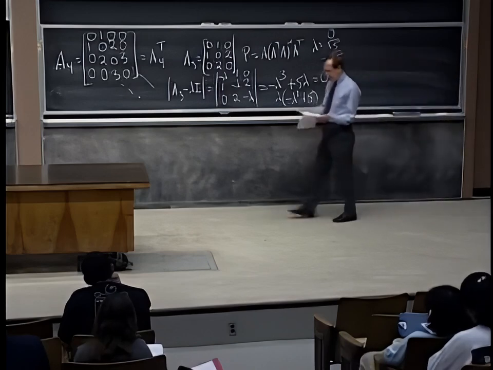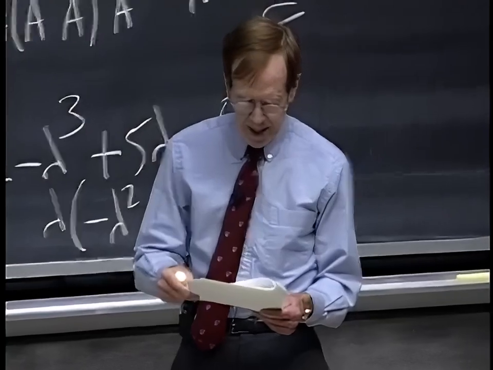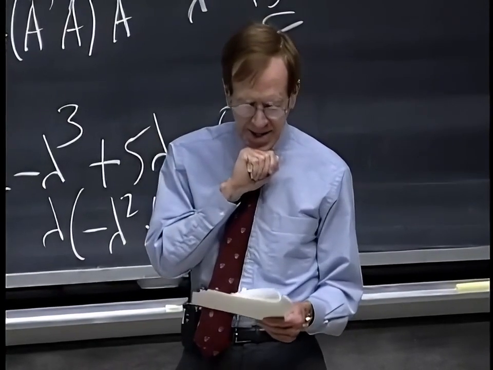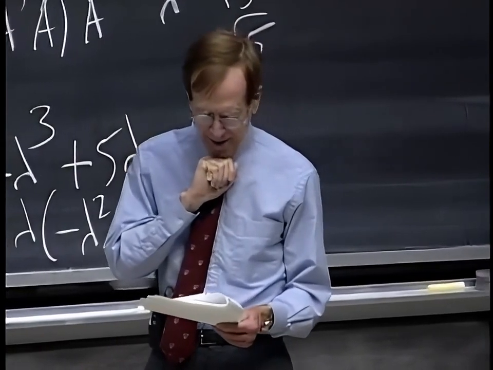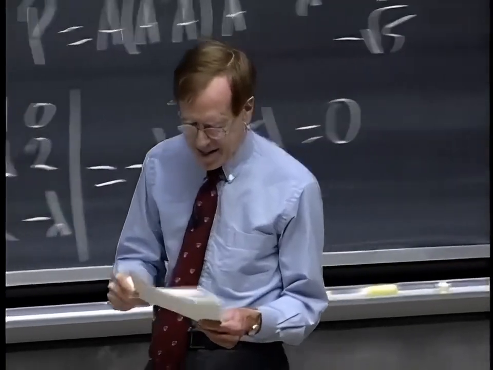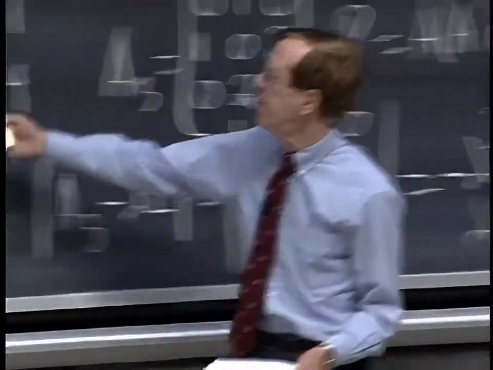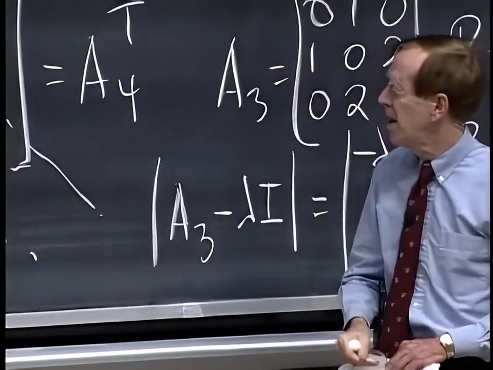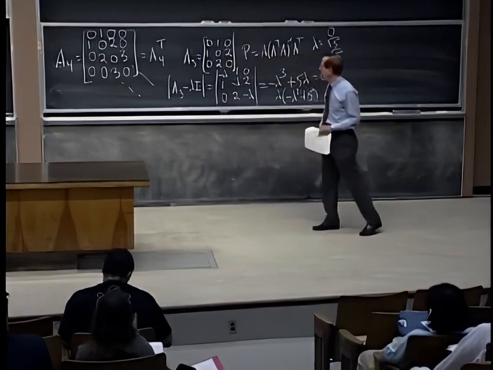Question 2C, whoever wrote this, probably me, said, this is not difficult. I don't know why I put that in. It asks for the projection matrix onto the column space of A4. How could I have thought that wasn't difficult? It looks extremely difficult.